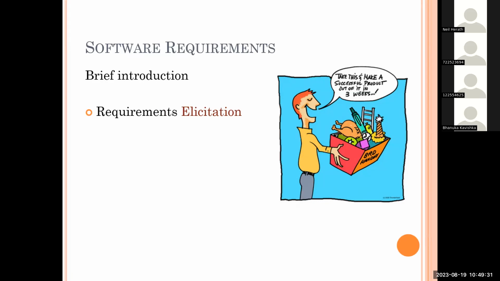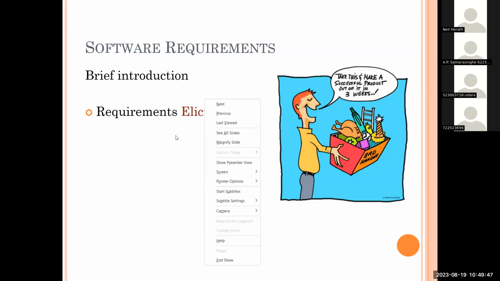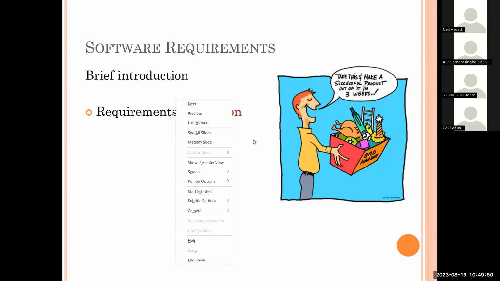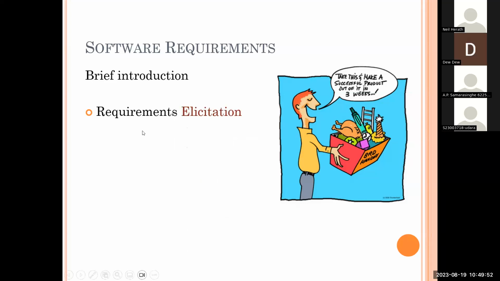It could be a business problem, environmental problem, or whatever, scientific problem. So to solve that problem, we need to find out what are the requirements. That is called requirement elicitation. Elicitation means finding out, gathering, or capturing.